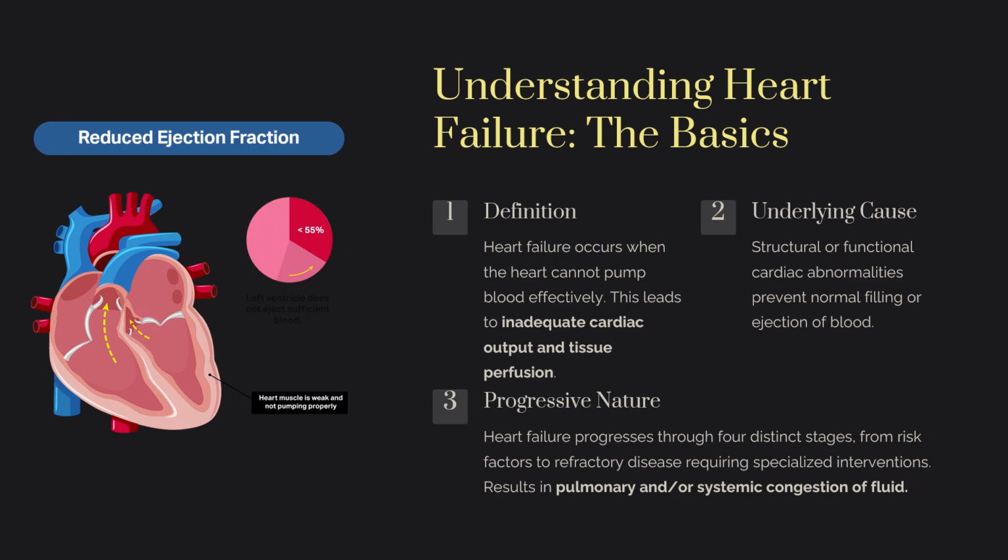So in systolic, that's going to be the ejection fraction less than 40, and normal is like 55 to 70. Okay. And then for diastolic, the issue there is with ventricular filling, and it can be either or both. These aren't necessarily things that you need to know for this class, but because you're not covering this in another class, I need y'all to have a little bit of background so y'all know what we're treating. Okay.